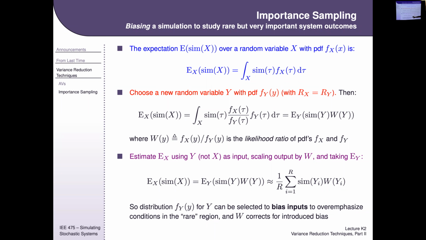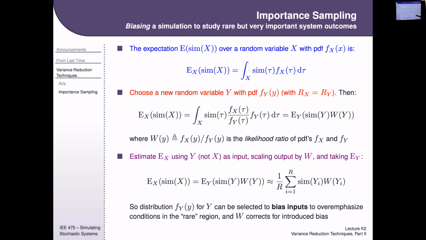So this likelihood ratio here, all of this math, you can throw it away, and the ending result is down here. This will be the importance sampling. If I run my R replications using a bizarro input model that induces these rare conditions to happen less rare, I mean, more often, I can then take the simulation outputs, whatever they are, under this weird bizarro case, and scale them by the likelihood ratio, which is just the ratio of the real input model to the fake input model.